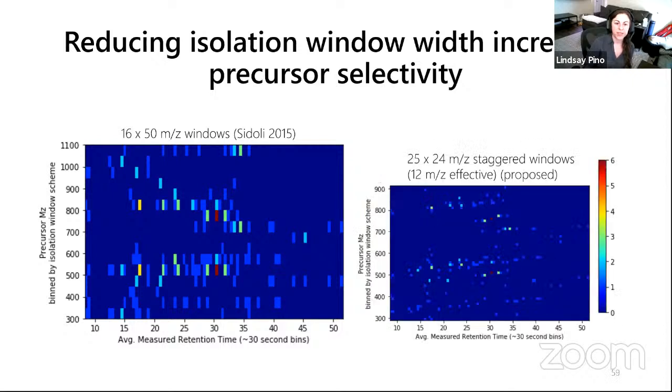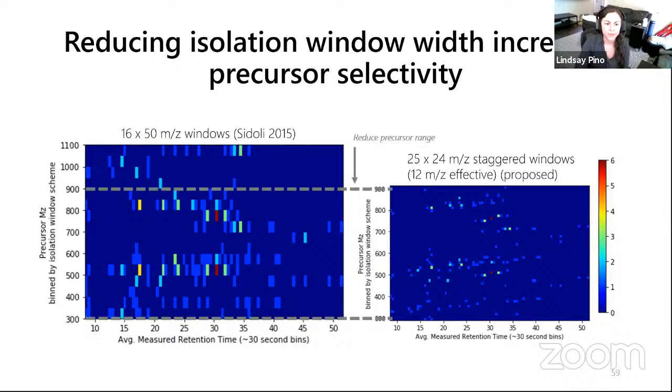So a couple of things that we can do to optimize this method. We went from 16 windows of 50 MZ precursor range to 25 windows of 24 MZ using that staggered approach that Brian mentioned earlier. So now we have 12 MZ effective windows. A couple things in this DIA method optimization. The first is we reduce the precursor range.